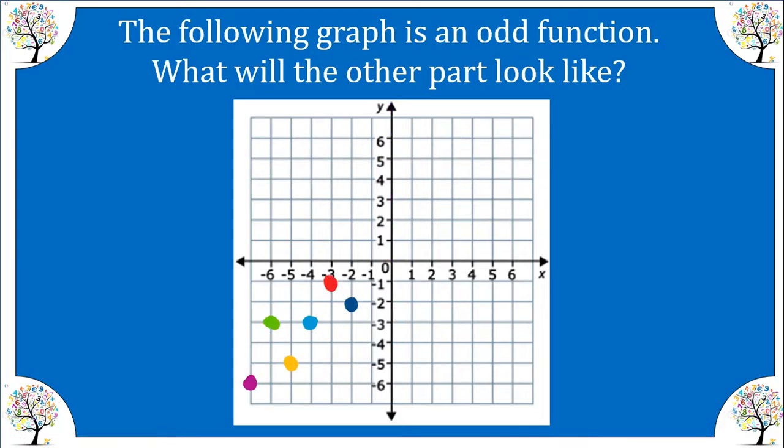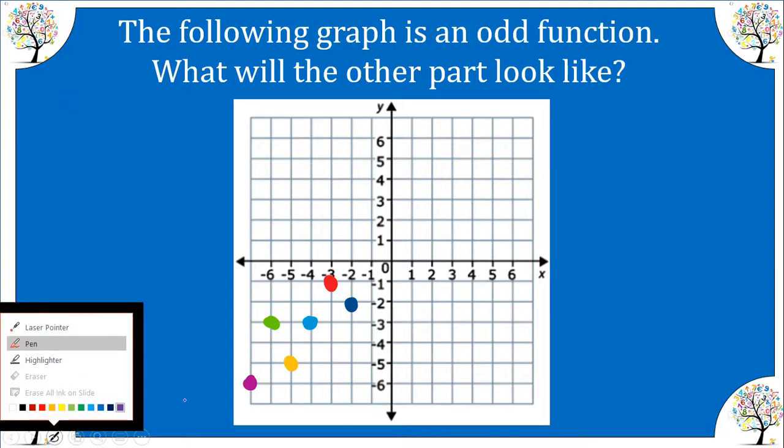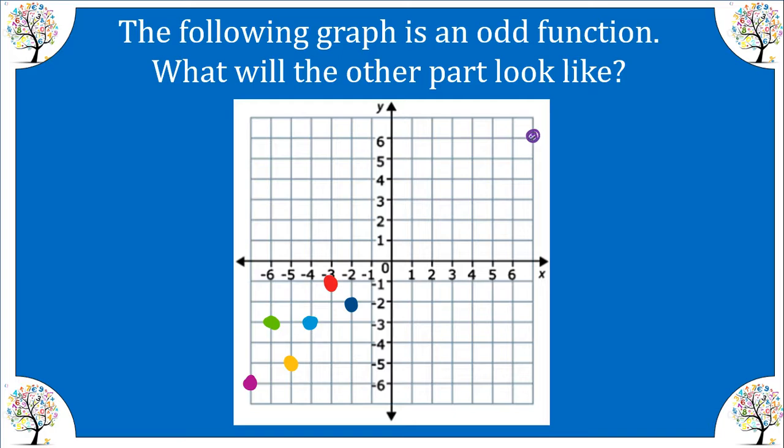This time we are given a partial graph that is odd. So let's first start out and we'll do the purple. So this ordered pair is -7, and when x is -7, I get out -6. So when I put in +7, I should get out the opposite and have +6.